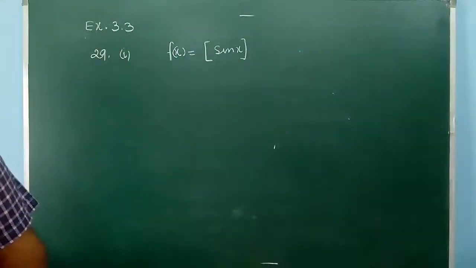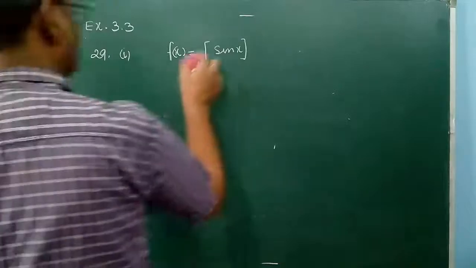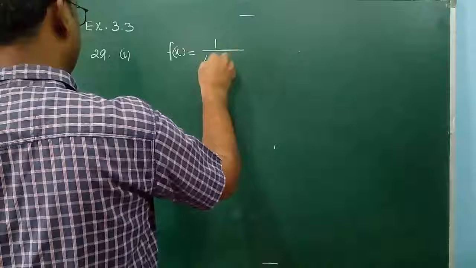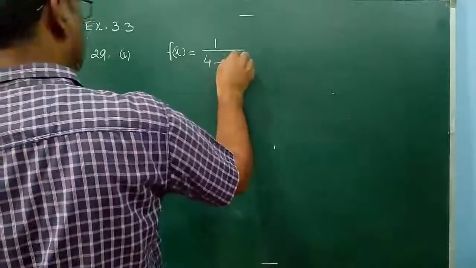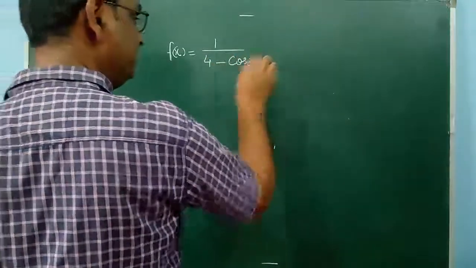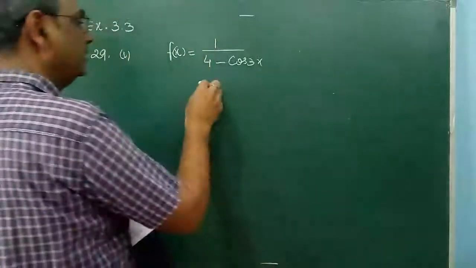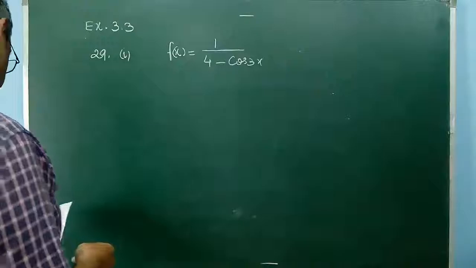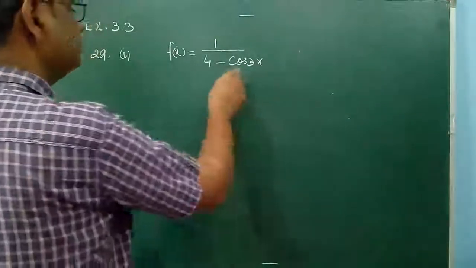The next part of this question is 1 upon 4 minus cos 3x. Same way we will be doing. Here, what will the domain of the function be? Here this will not be 0.